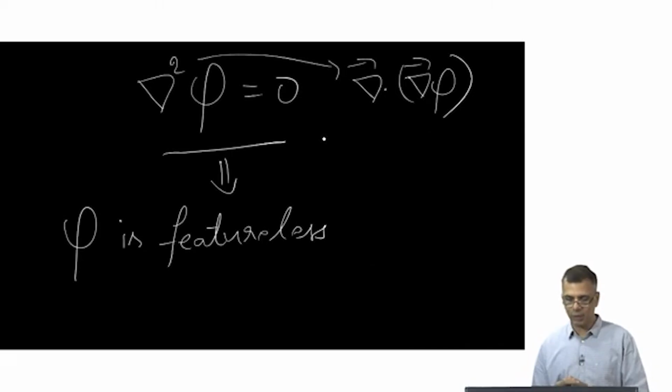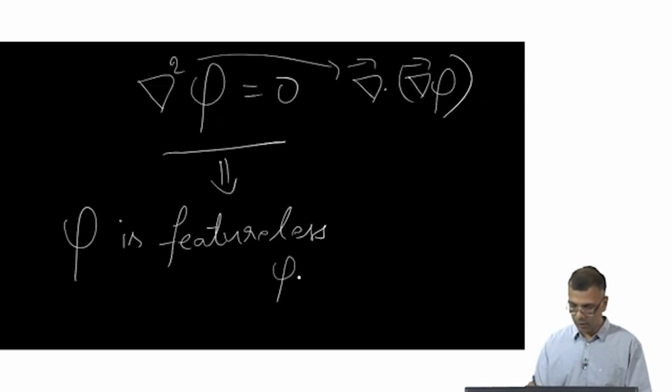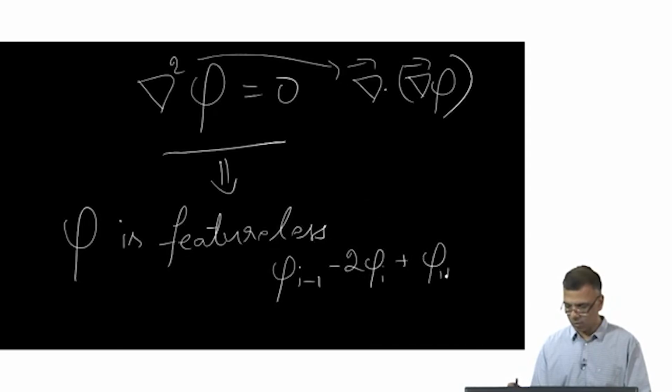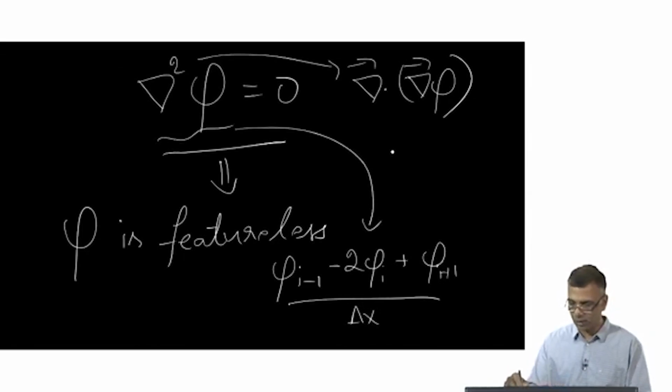One way of understanding this is by discretizing this. Say in just one dimension you discretize this second derivative. How does it look? It looks like something like phi i minus 1 minus 2 phi i plus phi i plus 1, over delta x squared. That is the discretized version of that.